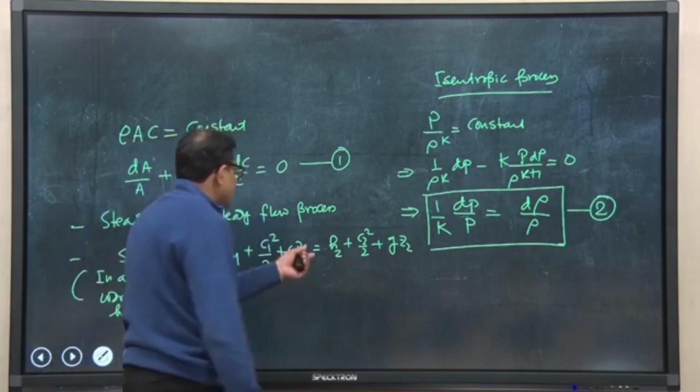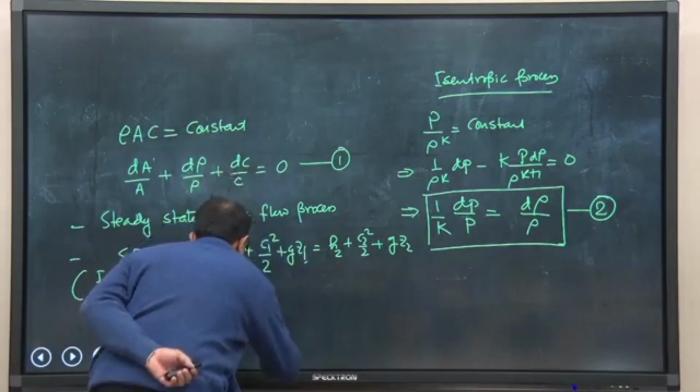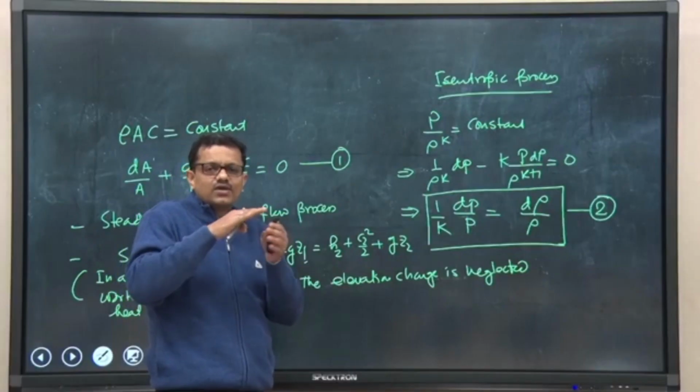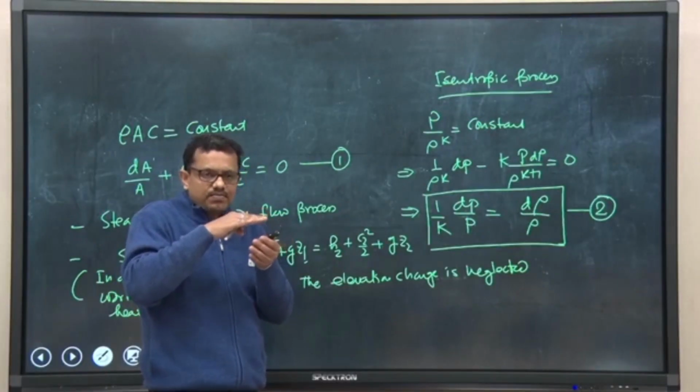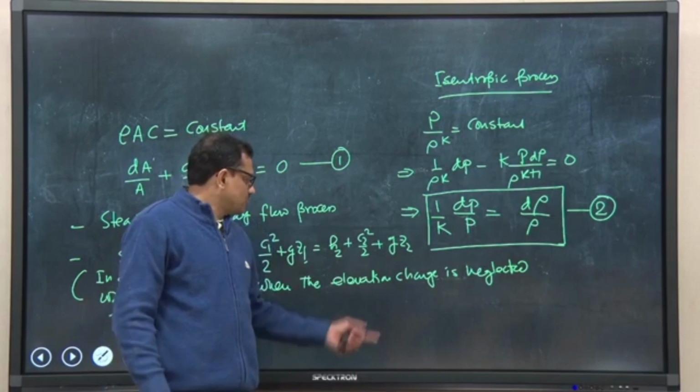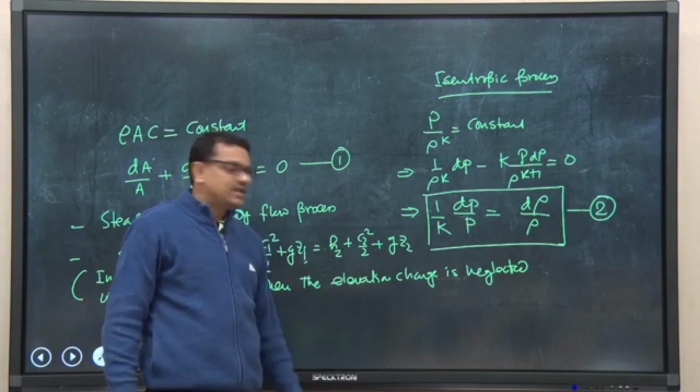So, if we trivially ignore the elevation change, when the elevation change is neglected, because the nozzle is not kept in a vertical configuration, or nozzles are kept in a configuration with a very small inclination angle, for that case we can trivially ignore the change in elevation.